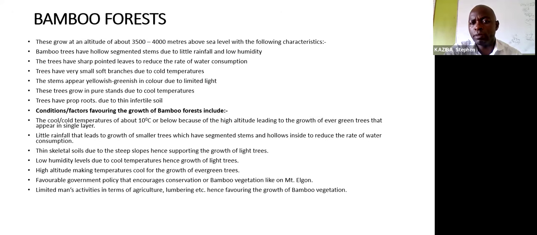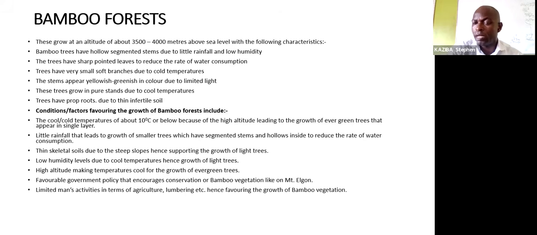They have hollow segmented stems due to little rainfall and low humidity. They have sharp pointed leaves to reduce the rate of water consumption, because the moisture rate is so low because of high altitude. Then they have small soft branches due to cold temperatures. The stems appear yellowish.